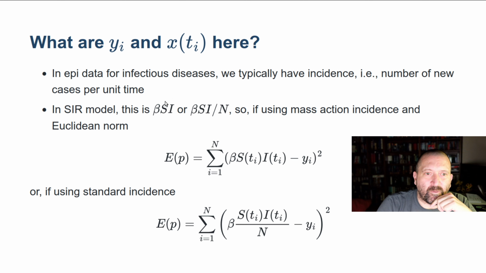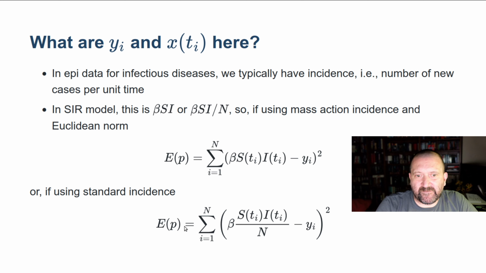Well, it's quite simple. If I have a mass action term, incidence is the rate at which new cases are generated per unit time. And so that is simply beta SI, or beta SI over N if I have a standard incidence. So if I'm using mass action incidence, I want to minimize this function, and here I'm taking the Euclidean norm, okay?